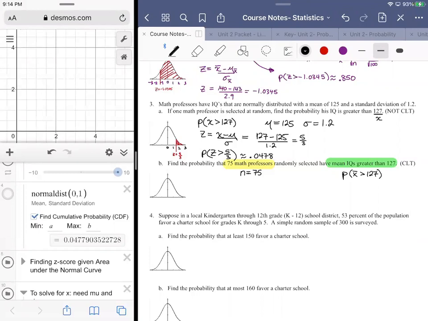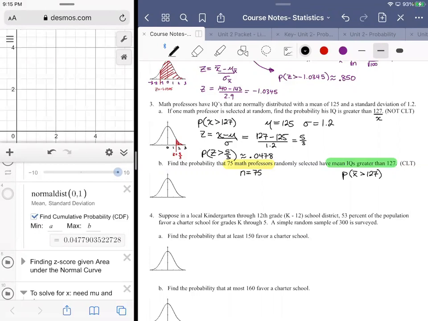Also, something else to consider. You can look at this as a basis of comparison. Let's say historically, math professors have had IQs around 125 with a standard deviation of 1.2, and I'm the dean at some school that thinks very highly of itself. What I might say is, I think our math faculty is significantly brighter than your math faculty.